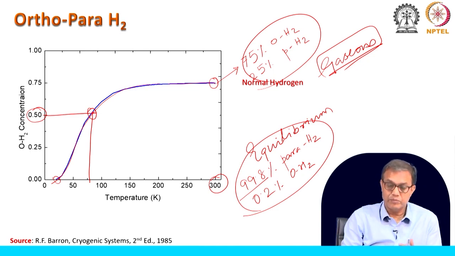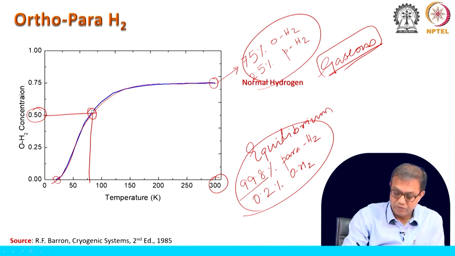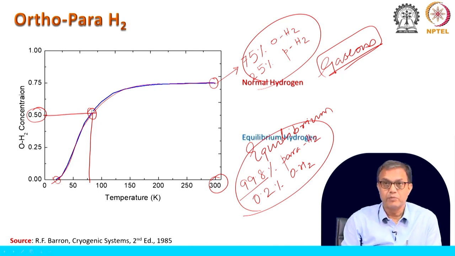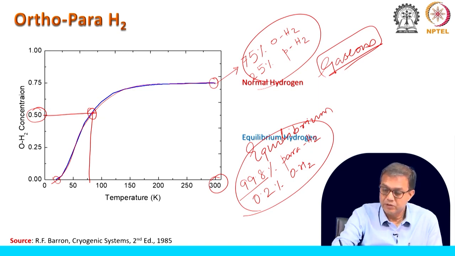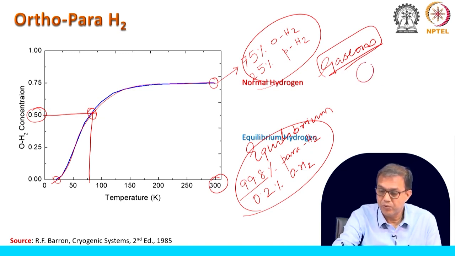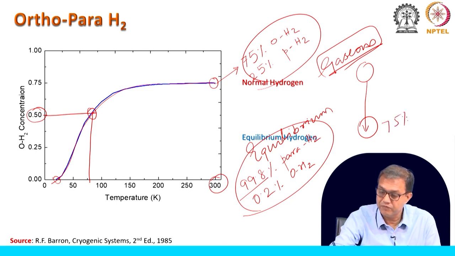If it is able to convert itself from ortho to para by this amount, we call it equilibrium hydrogen. It may so happen that you have brought the gas quickly to the liquid state, and it may still have 75% ortho and 25% para.